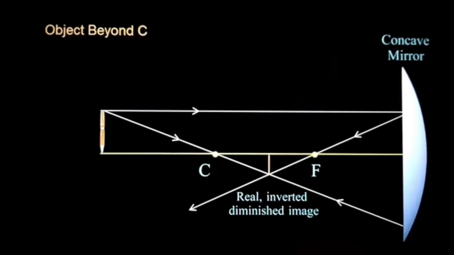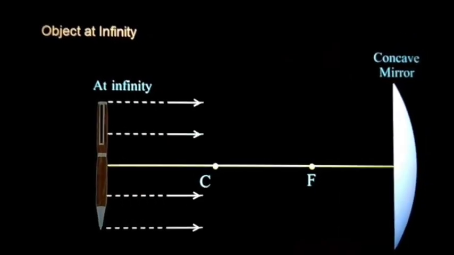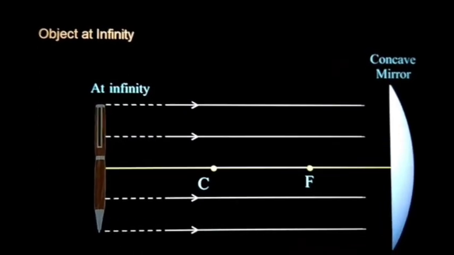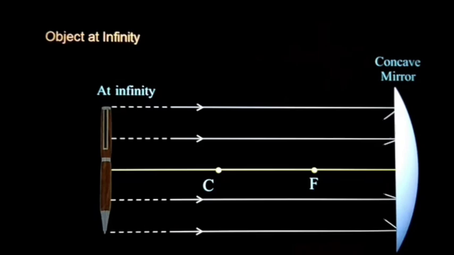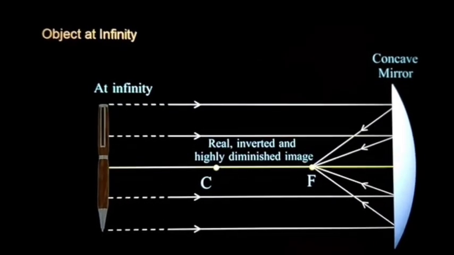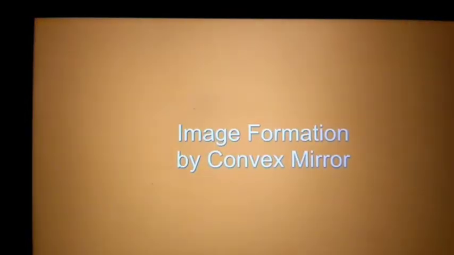Real, inverted, diminished image. Now the object is beyond C at infinite distance. Then the rays are parallel and after reflection they converge on the focus point F. We get the diminished image, real, inverted and small point size image.